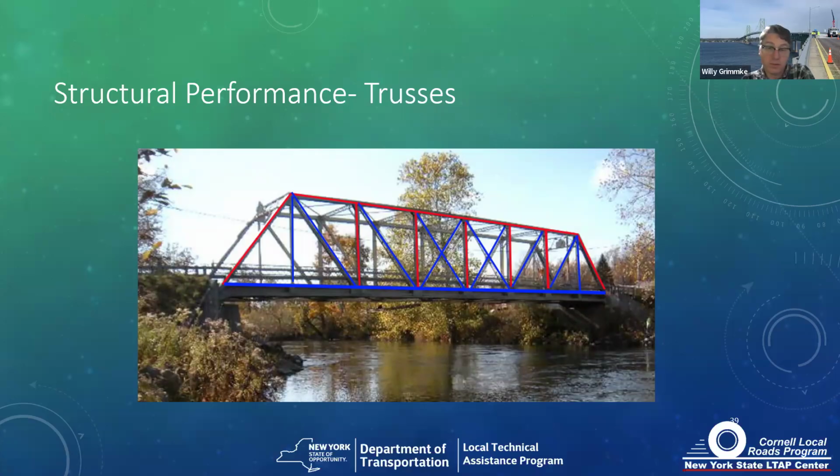Very similar to how a girder would behave under load, with the top surface in compression and the bottom in tension. And then the diagonals will vary depending on the configuration of the truss and how it's loaded.